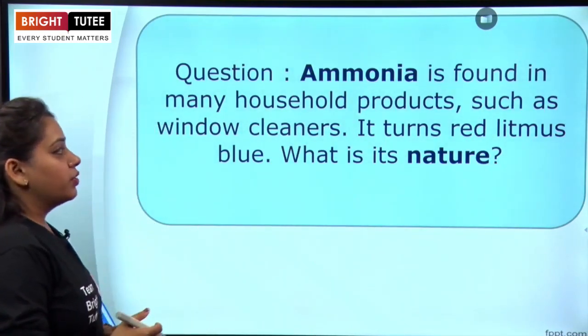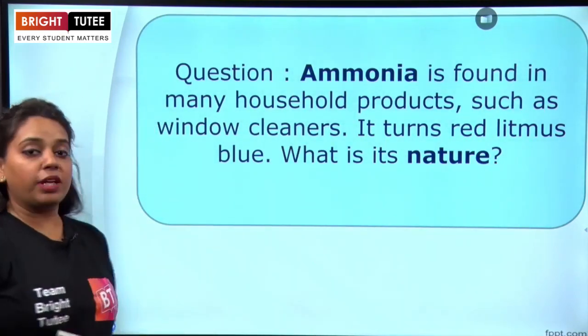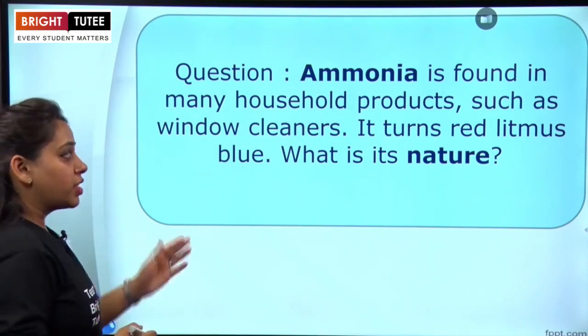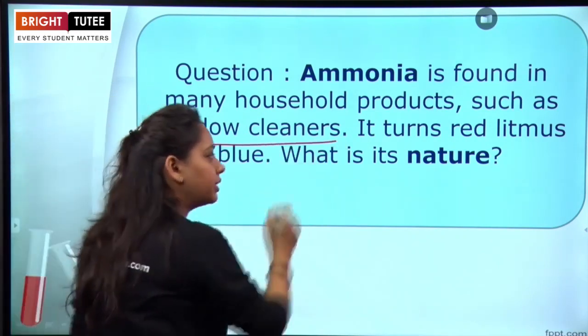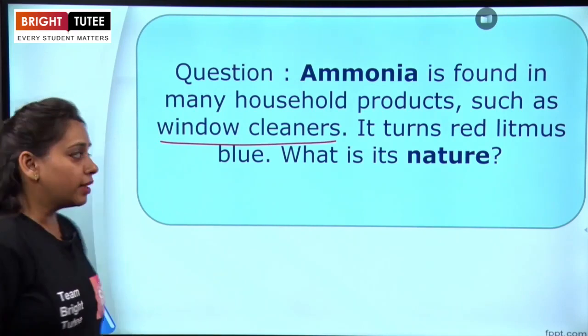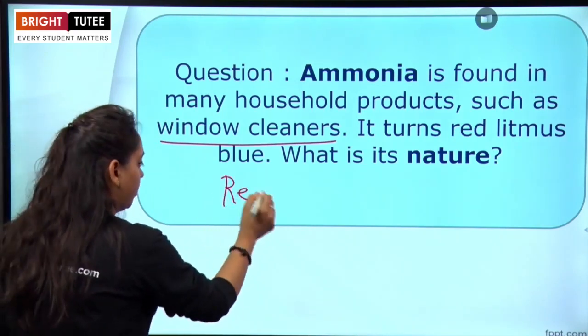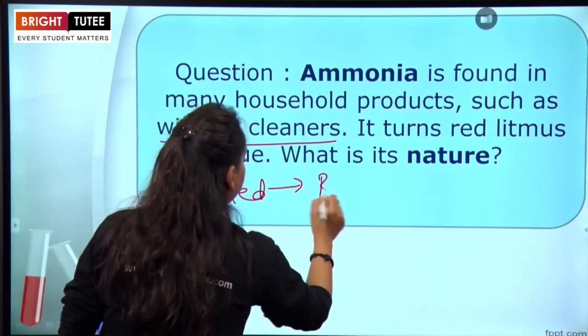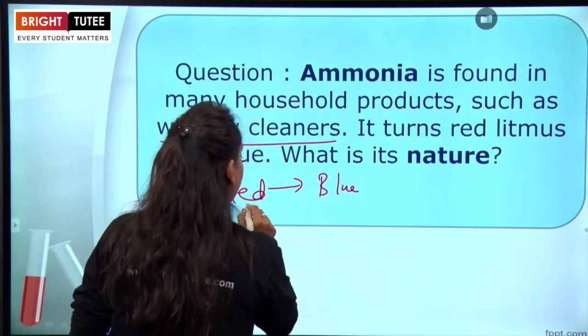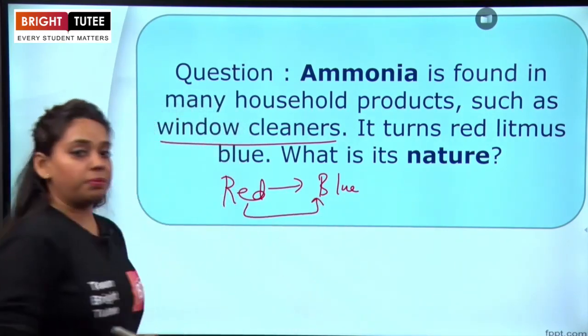The next question is, children, ammonia is found in many household products such as window cleaners. We have studied that, and it turns red litmus to blue litmus. Okay, red to blue. So what will be its nature?